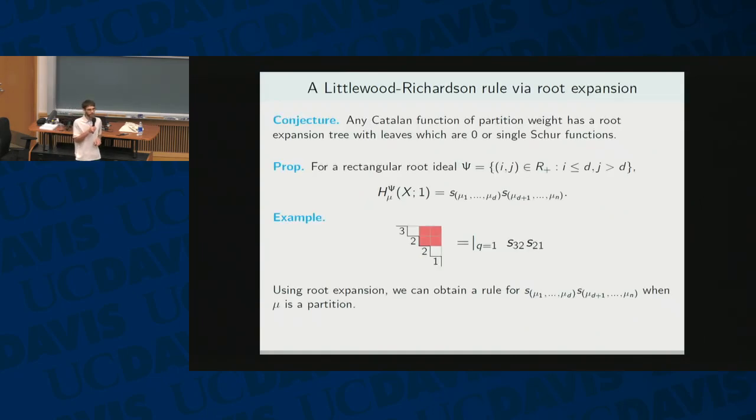Okay, yeah? When you add the q's, does that translate to some sort of Littlewood-Richardson rule for, I don't know, maybe Hall-Littlewoods? So, when you add the q's, does that translate to some Littlewood-Richardson rule for Hall-Littlewoods or something like this? And the answer is yes.